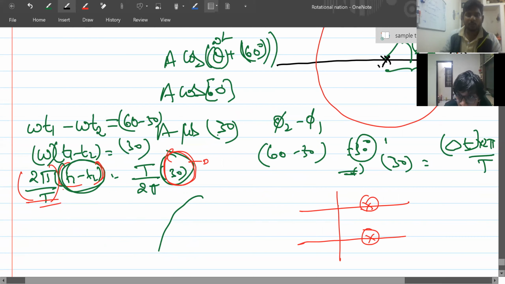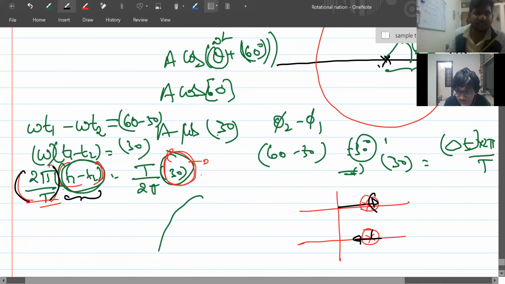But one particle is going like this, the other particle is coming like this, because they are in opposite directions. The question is given. Now I want to find the time difference between both of them. If I know t1 minus t2, can I multiply it with 2 pi by T and get the phase difference or not?